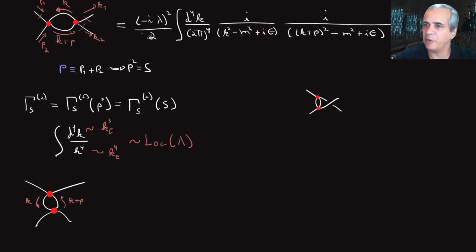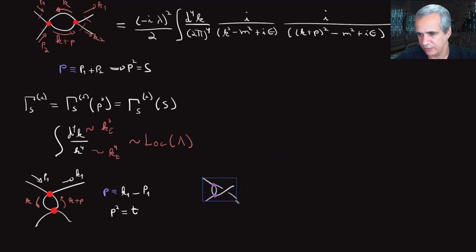That means that this expression is exactly the same for this loop here. Same propagators, everything. The only thing that really changes is that for this diagram, p is k1 minus p1. Here, this is k1. This is p1. Which means that p squared for this diagram is just the Mandelstam T, right? And for this guy, I can define the momenta the same way.